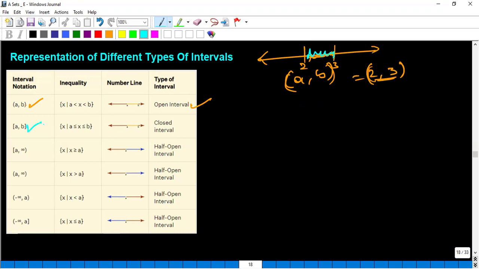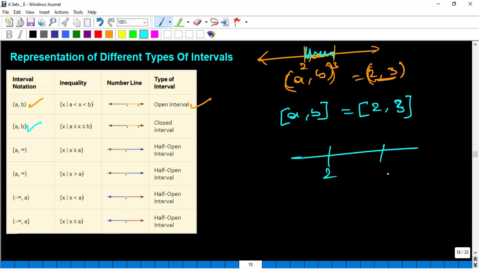Then what is a closed interval? Closed [a, b] is nothing but we will consider all the numbers between 2 and 3, including 2 and 3. These two numbers are also included.